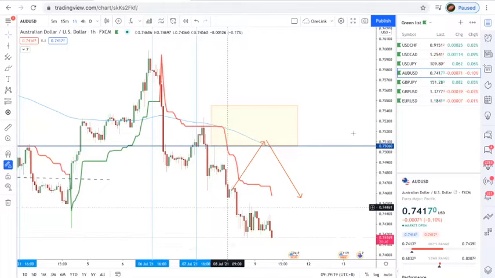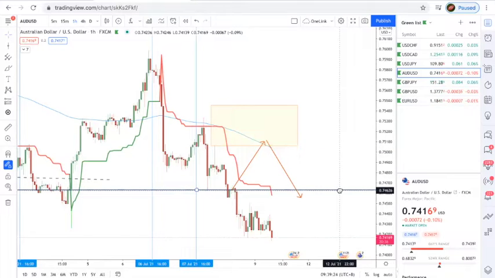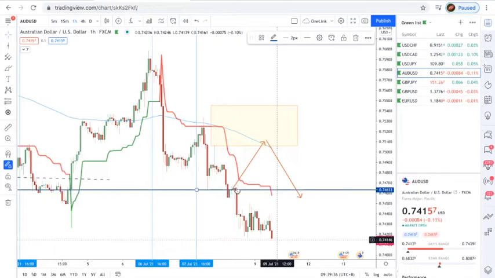So after we did the analysis yesterday, the price rejected immediately. It never even made a big pullout towards that particular sell zone.